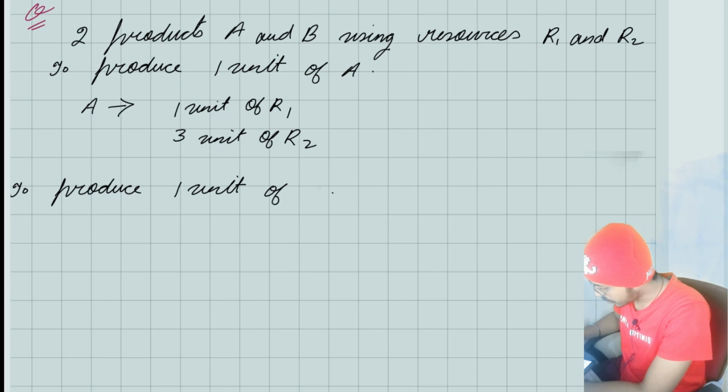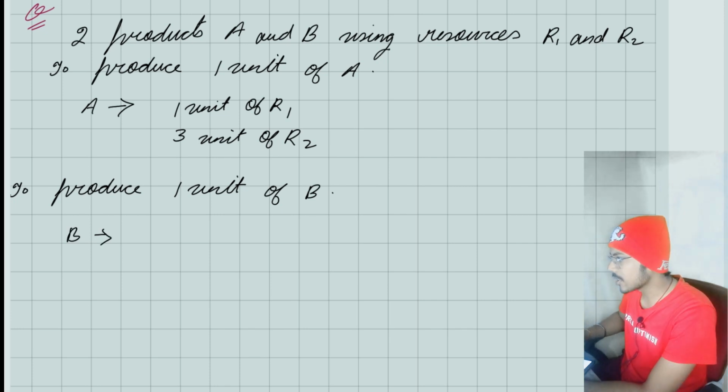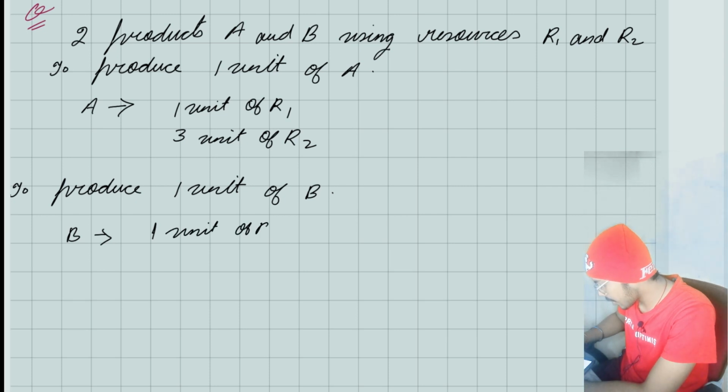To produce 1 unit of B, it requires 1 unit of R1 and 2 units of R2.